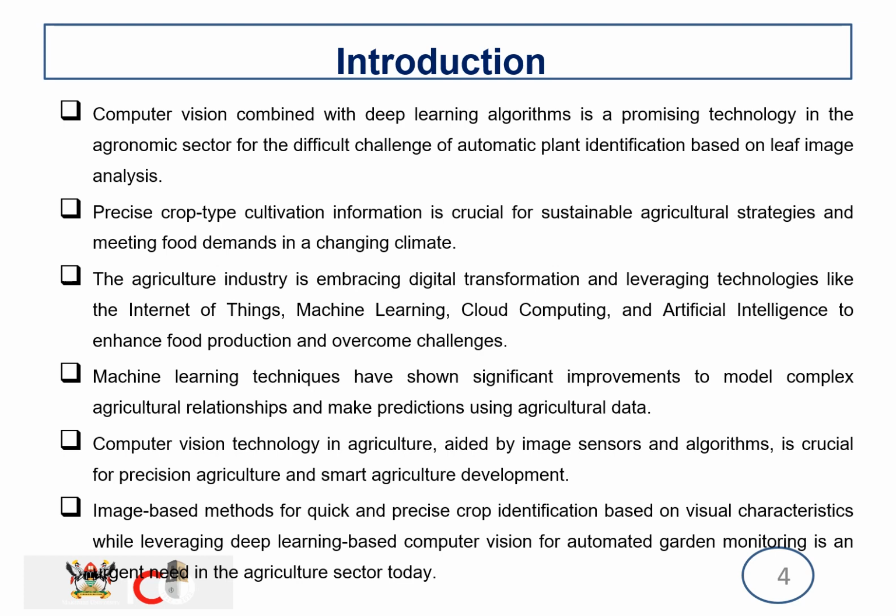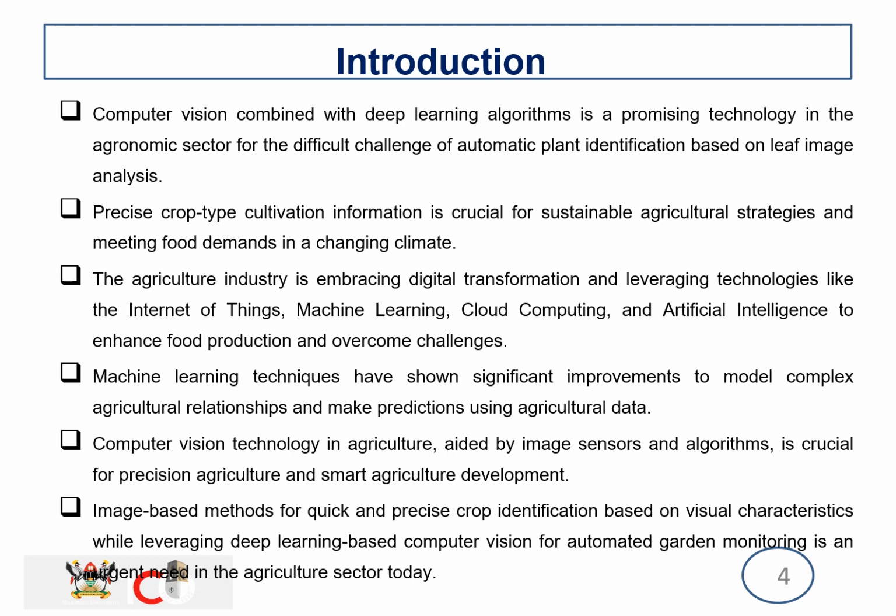Precise crop type cultivation information is crucial for the sustainability of agricultural strategies and meeting the demands of food in this changing environment. The agricultural sector is embracing digital transformation and leveraging these technologies to enhance food production and overcome the challenges being faced.